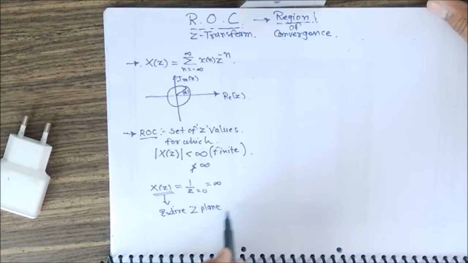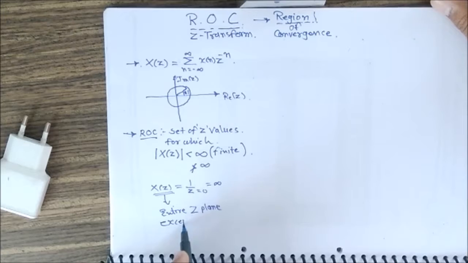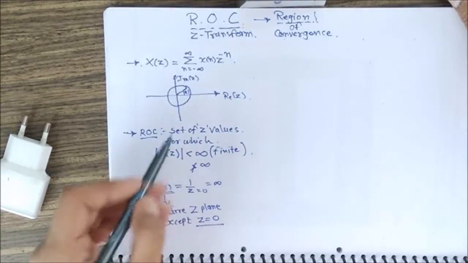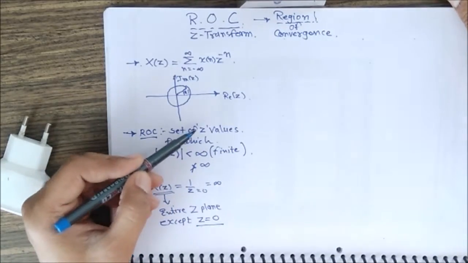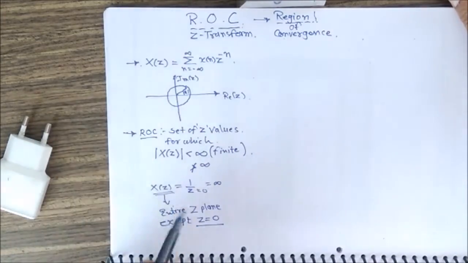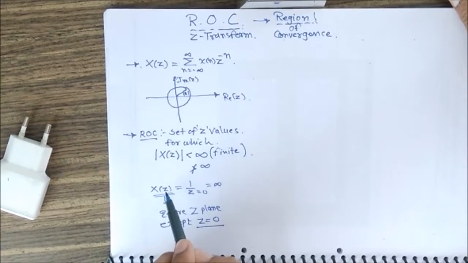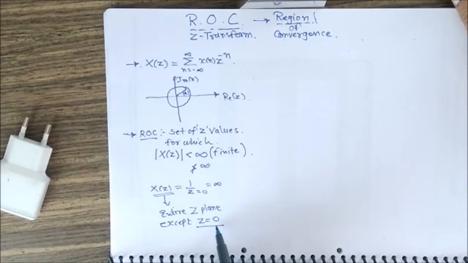So entire Z plane except Z equal to 0. We should not consider Z equal to 0 in the region of convergence.